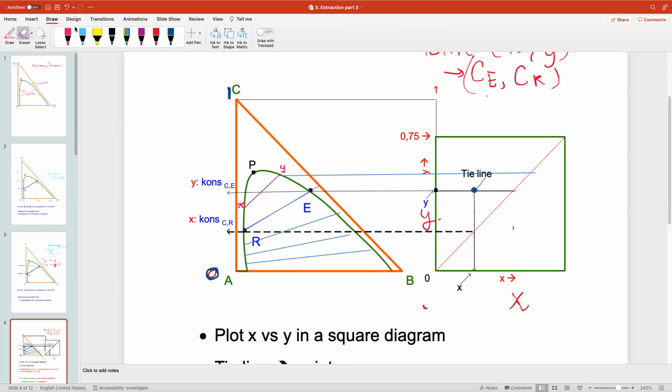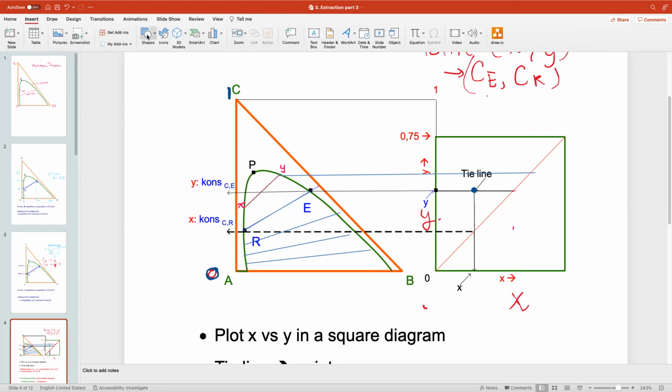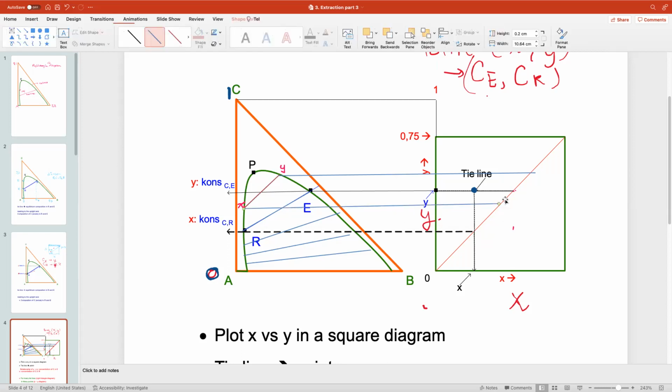The line one is this one, the x or the raffinate, draw the line to that area. So this is the y and this is the x, and then connect the dot between the y and x.